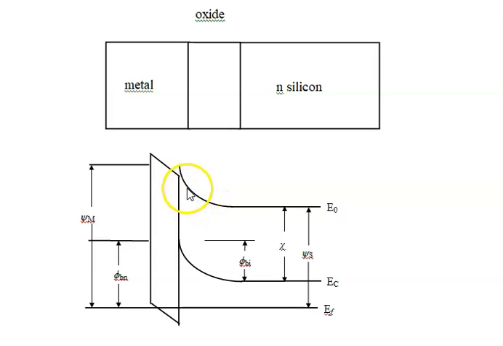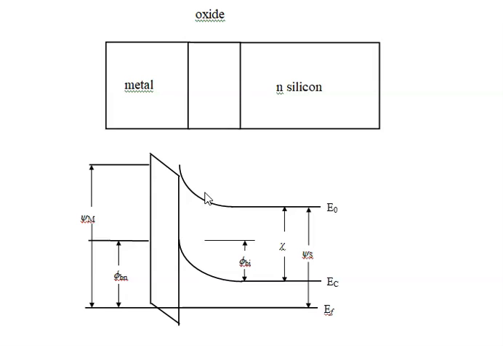The bands bend up in the depletion region, which is right here, and in the oxide, the bands bend in the same direction. So here the slope is a negative slope for the potential, and here it is also a negative slope for the potential.